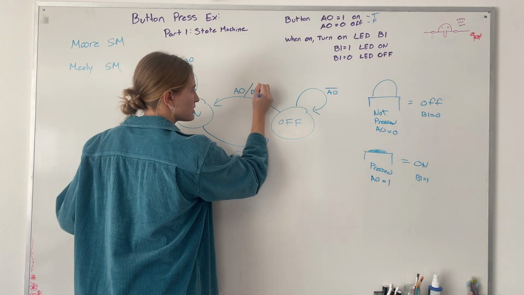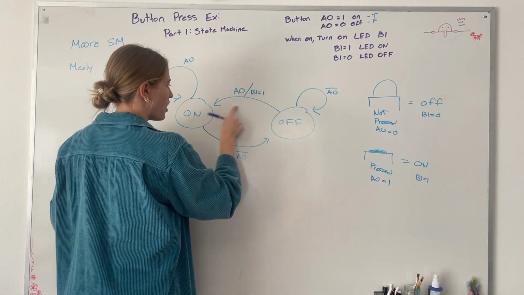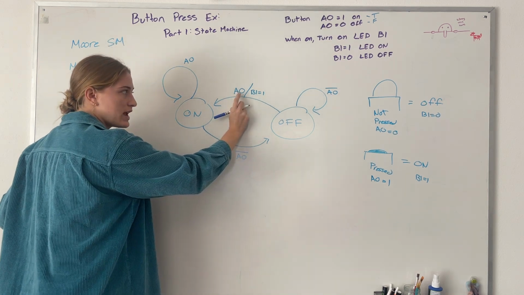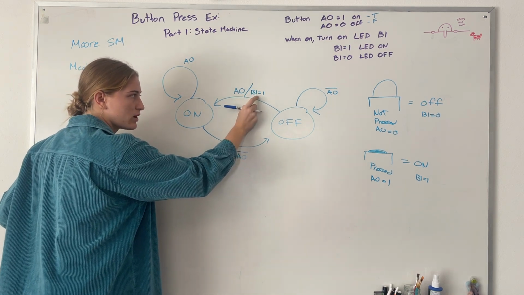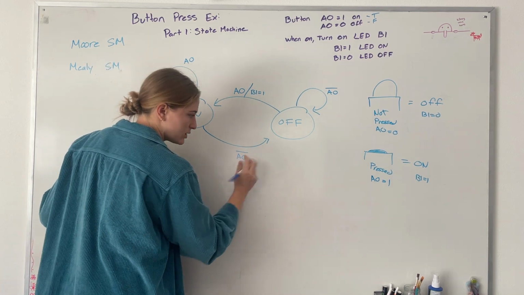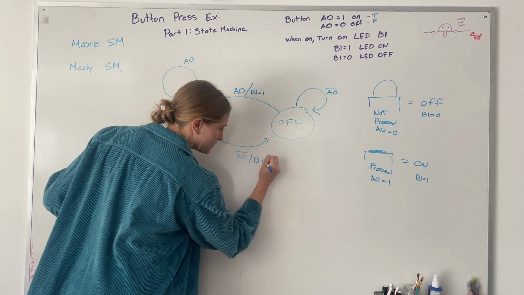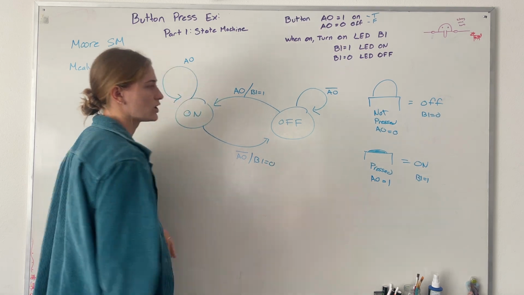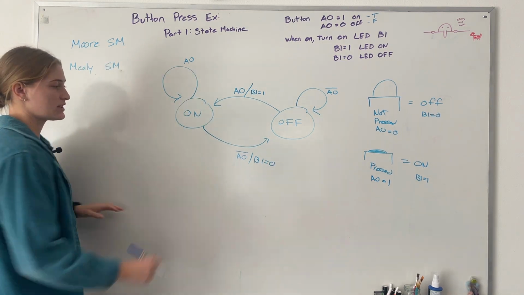That means that B1 is going to equal 1. As we go from off to on, it happens when A0 is true, and it's going to set B1 to 1. And then when we go from on to off, it means that A0 is false, and we're going to set B1 to 0 to turn off the light. That's a Mealy state machine.